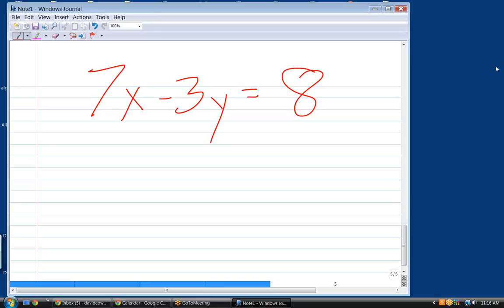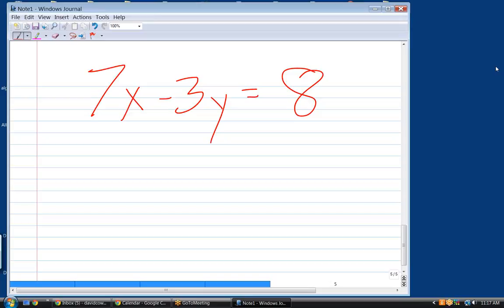You can only solve for x and y if you have the same number of equations as you have variables. Well, we have 2 variables here, only 1 equation. So the best I can do is solve 1 variable in terms of the other. Well, this question says, let's solve this for x, first of all. And then we're going to go back and solve it for y.